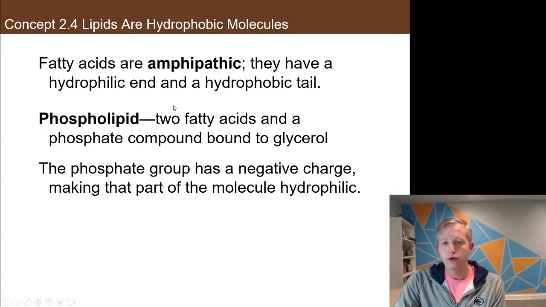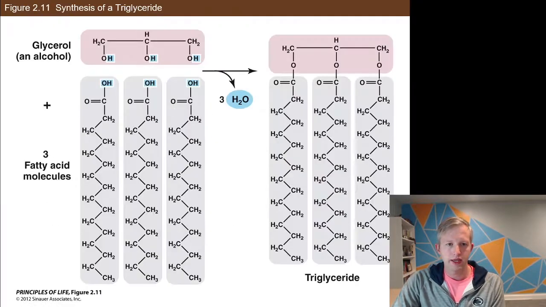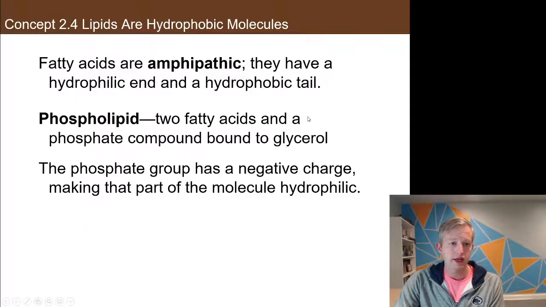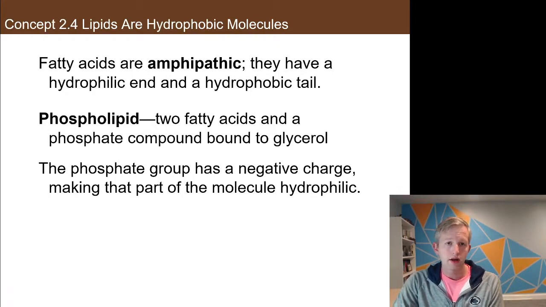So in an ordinary triglyceride, if we just jump back here, this whole thing is going to be nonpolar because there's not a significant polarity to glycerol and there's no polarity to the fatty acid chains. However, in the special case of phospholipids, we see a change to that third spot on the glycerol that's instead a phosphate group, which is hydrophilic, and allows for the unique characteristics of what we see with phospholipids and the phospholipid bilayer around cells.